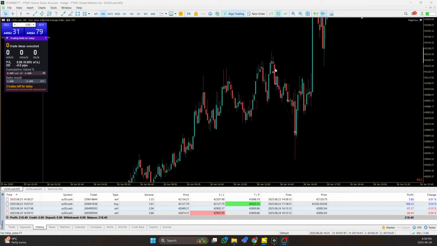So I thought, usually when there are two gaps, it's highly probable that your TP will hit. And then this candle came and activated my first trade.